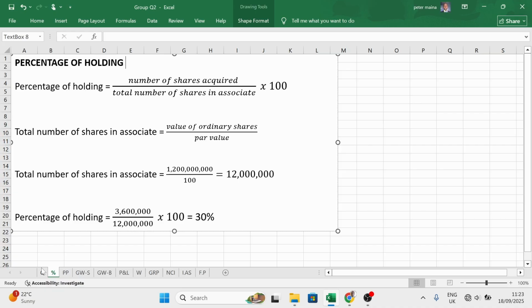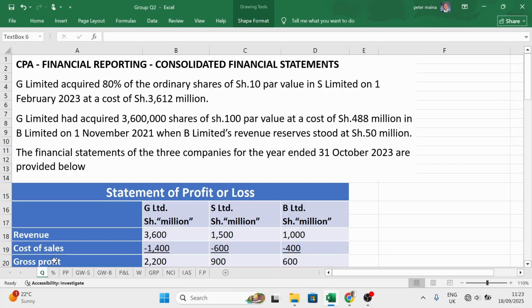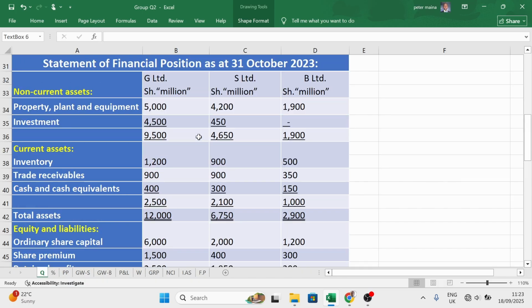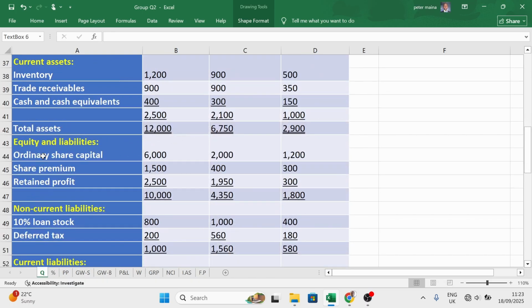So if you go back to the question, you will see the par value. This is for B Limited shares, it is 100 shillings. So go down to where we have the statement of financial position. You look at the ordinary share capital of S Limited. This is 1.2.